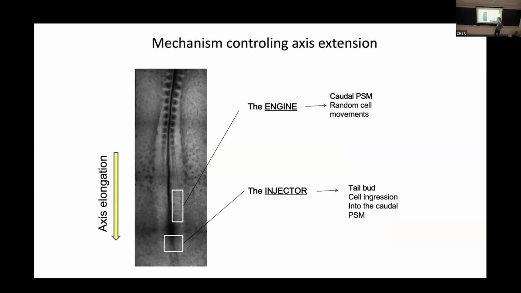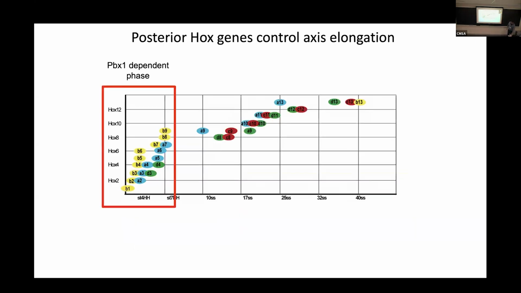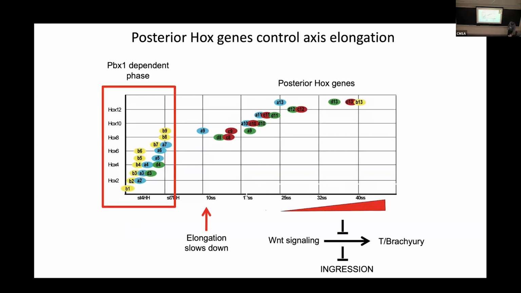So what we call here the injector, which is the tailbud or the primitive streak, injects the cells that feed what we call the engine, which has these random movements that control the elongation. And these systems are controlled by Hox genes. And so this is just an illustration of the expression of Hox genes in time.